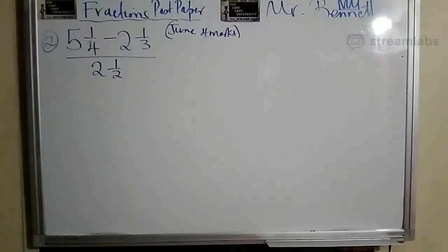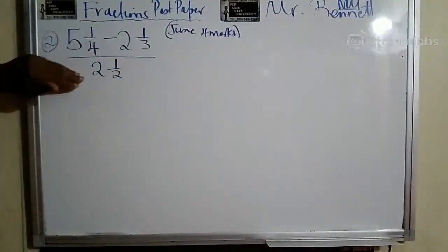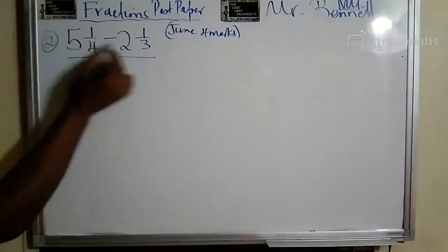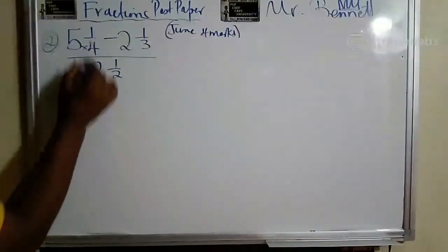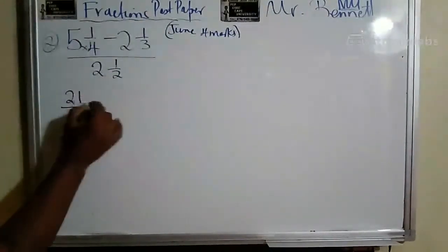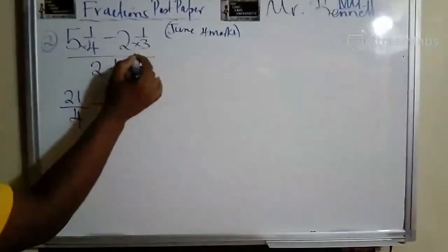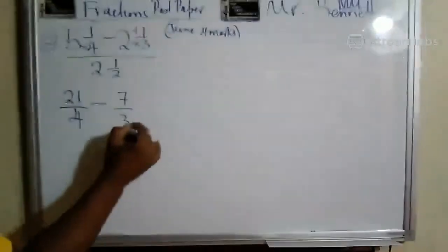Alright, so let's go now. So this one is different from the previous one, where we have to work the top first and then we divide by 2.5. So we can change this to improper, so it would be 5 times 4, that's 20 plus 1, 21 upon 4, minus 2 times 3, that's 6, plus 1, that's 7 over 3.